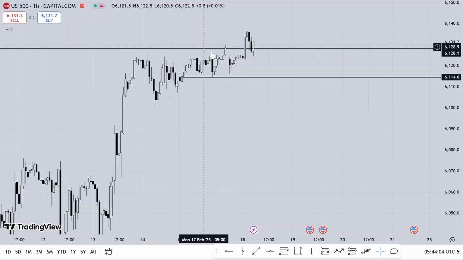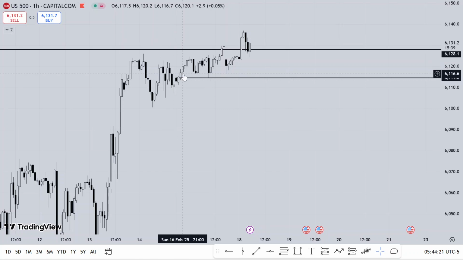We will not be trading until the PM session of Wednesday's trading to get a feel and see what the market has been doing. Yesterday's trading, which is Monday's trading, was a bank holiday, and during this bank holiday, we ranged. It was a ranging price action, which is a consolidation.